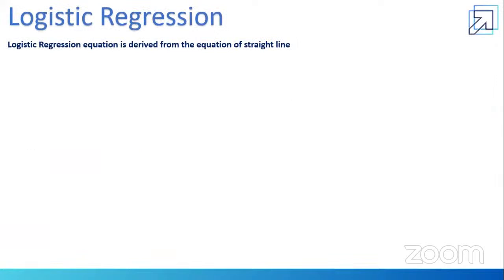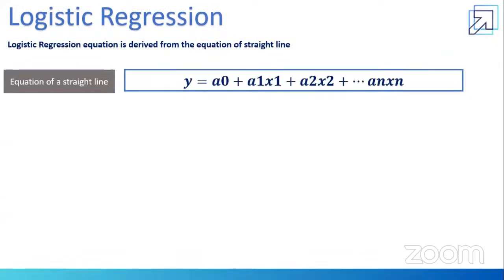So the logistic regression equation is derived from the equation of a straight line. For example, this is the equation of the straight line. We all are aware of this equation. We have seen this equation in multilinear regression, right?